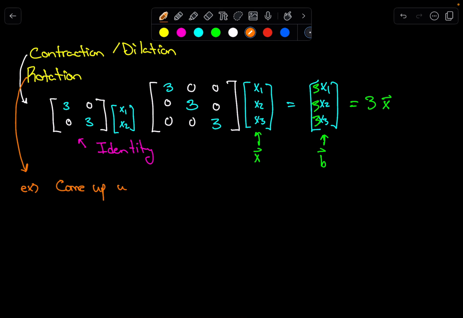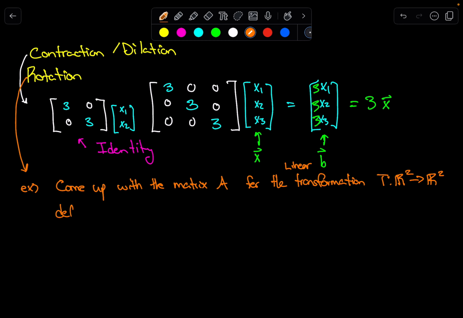come up with the matrix A for the linear transformation T that maps from R2 to R2, that's defined by T of X is equal to AX.